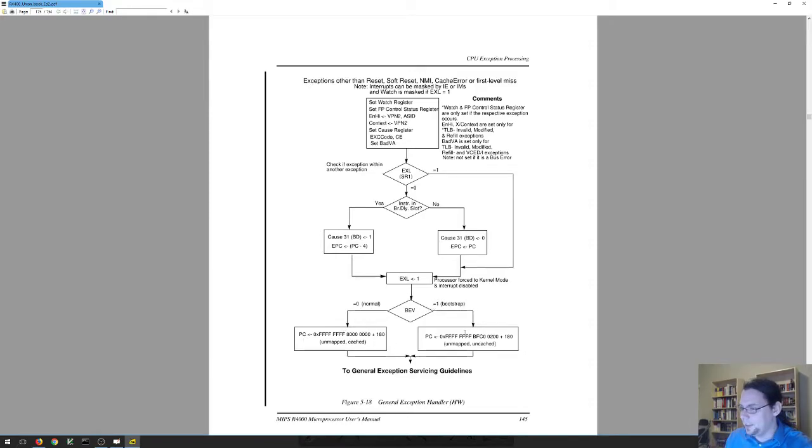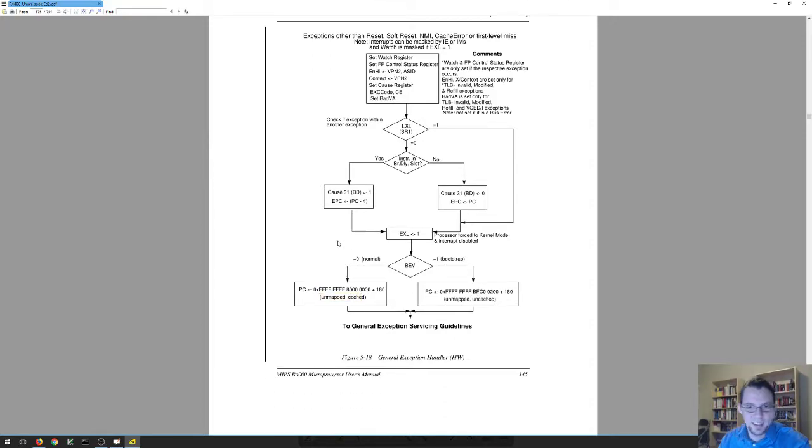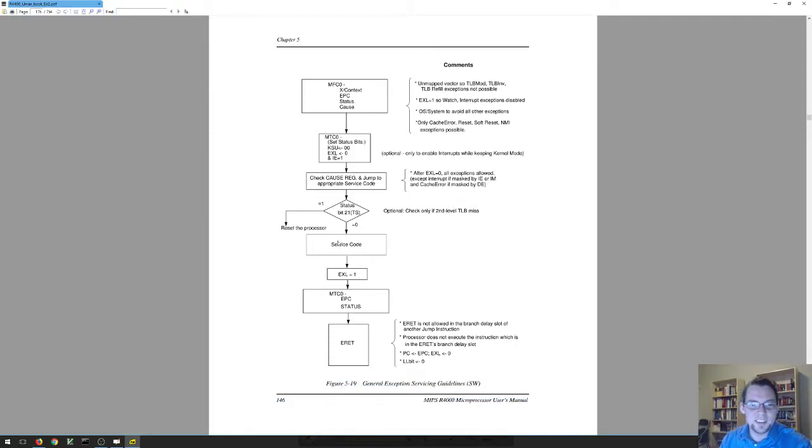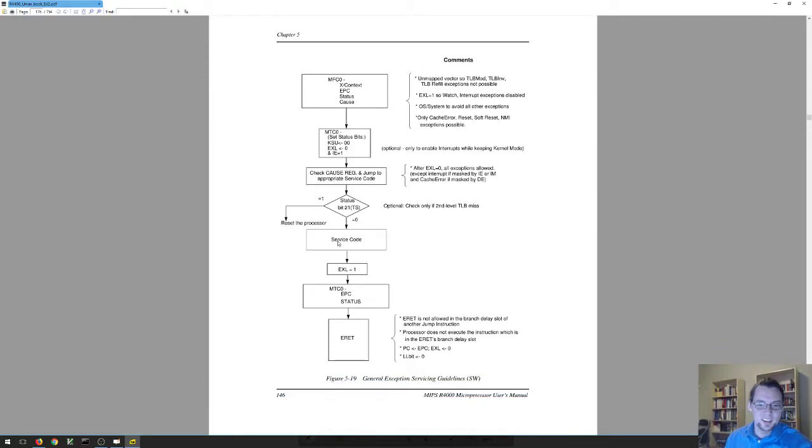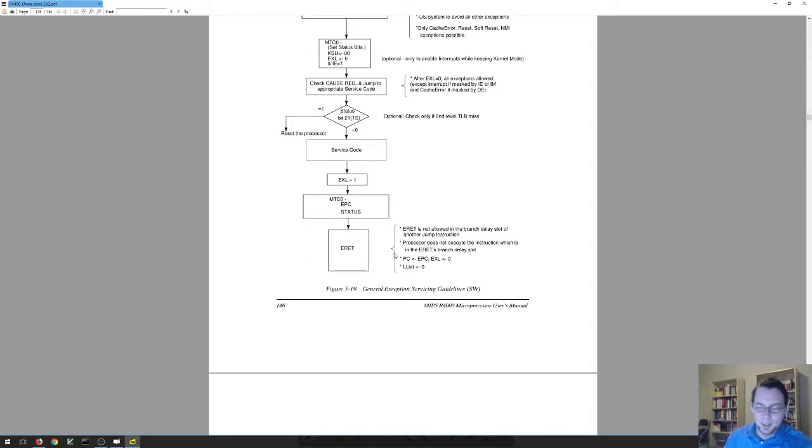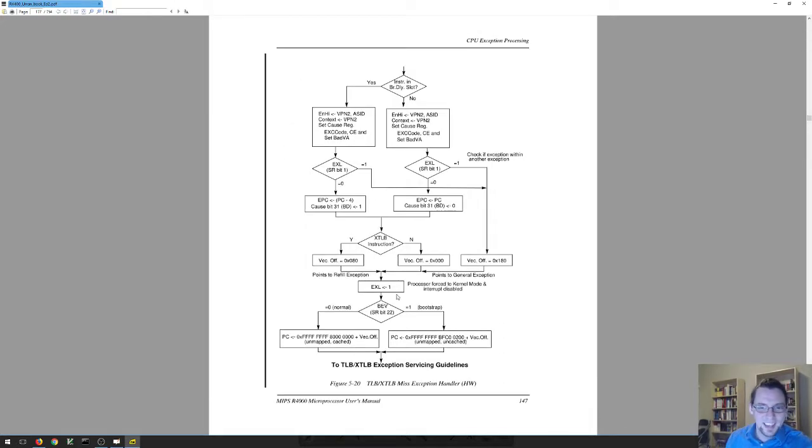Whatever's at this virtual address needs to get set by the OS at some point, but at boot up it's a different thing. That's a magic physical address and all this weird stuff. This is still exception processing, the general exception servicing guidelines for software. This is what a TLB miss looks like.